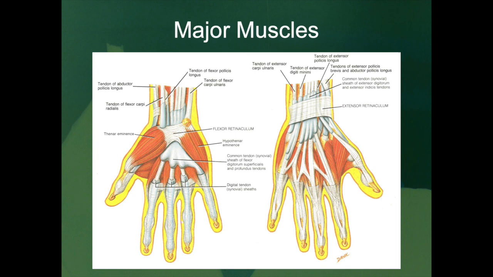4 thenar muscles acting on the thumb, and you can definitely find that on the diagram, and I'll have another slide here that blows it up even more for you. The hypothenar, there's 4 of those muscles, and they're acting on the little finger. So the opposition that I talked about before, where you bring the first and the fifth digit together, incorporates all 8 of these muscles, but chiefly the thenar and hypothenar groups.